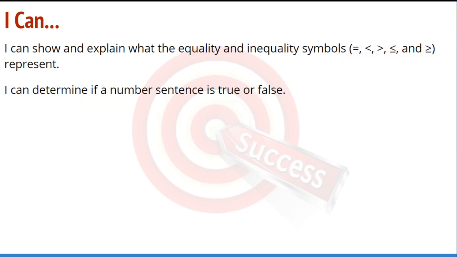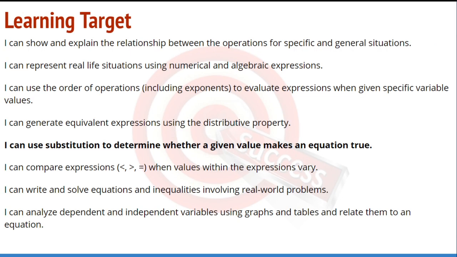A deeper layer there is hopefully that you're starting to see some patterns, being able to decide when there will be only one number that makes a number sentence true, and when there might be many numbers that make a number sentence true. Quick look at our learning target again: using substitution to determine whether a given value makes an equation true, and of course we're also including inequalities in this.